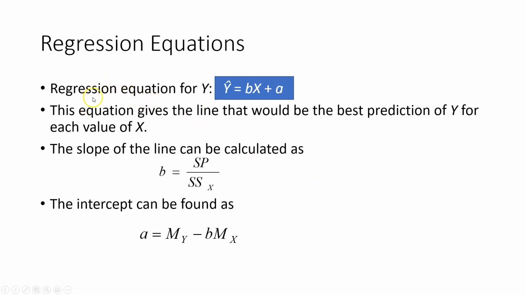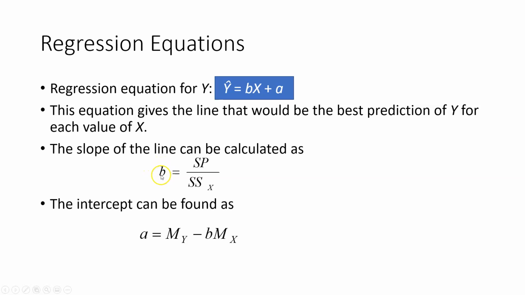Now, as I said before, the regression equation for computing a variable is y hat equals bx plus a. This equation gives the line that would best predict y for each value of x. And in order to figure out what that b and a should be, we have a formula.